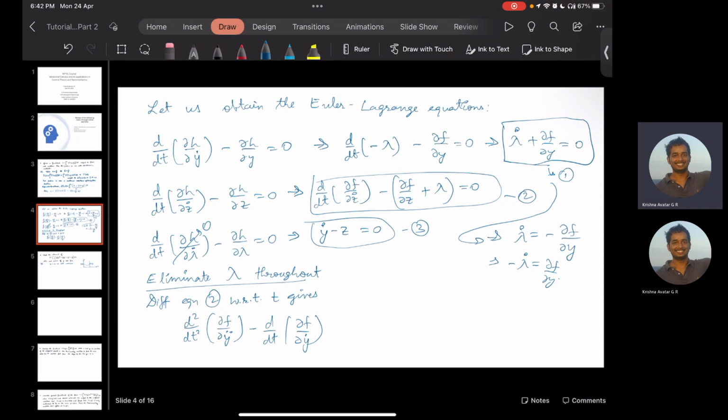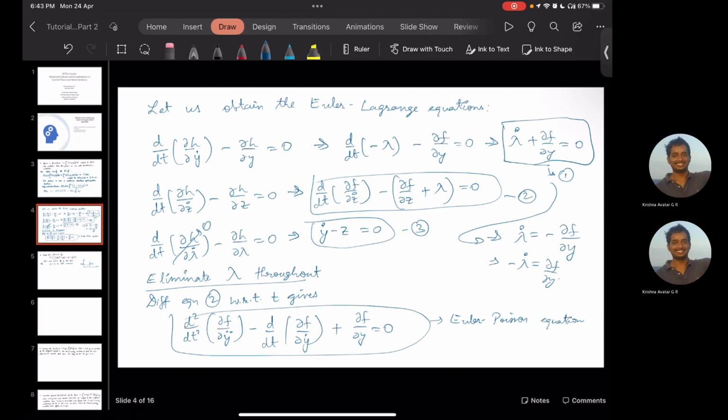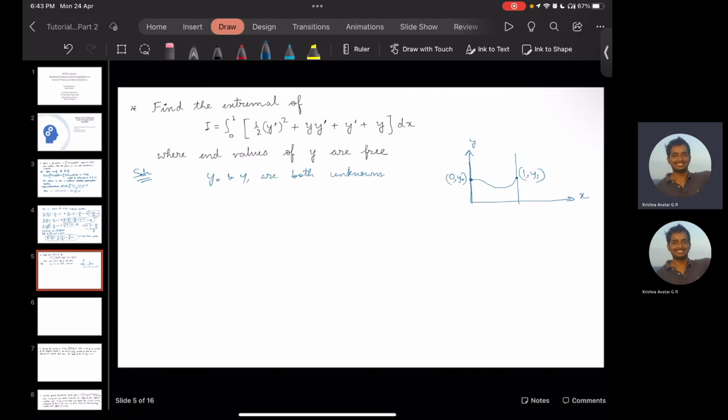And then this will just be plus ∂f/∂y. And you see that this is the well-known Euler-Poisson equation, right? Okay. Now let's go to the next problem.